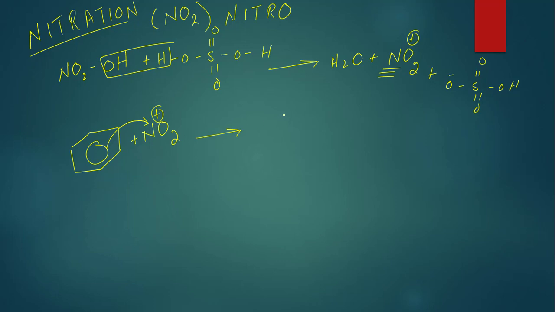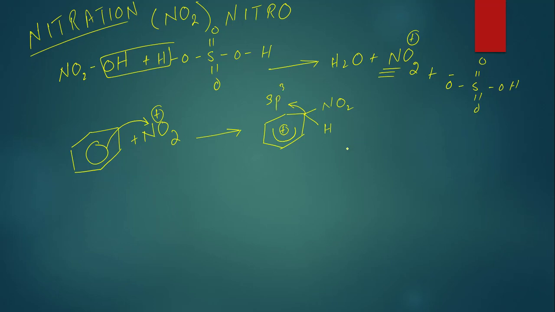In the first step we get a positive charge rotating here, and we get this NO2, and at this carbon there is a hydrogen, like each carbon of benzene having hydrogen. I told you all these carbons are sp2, but this carbon is sp3 hybridized.